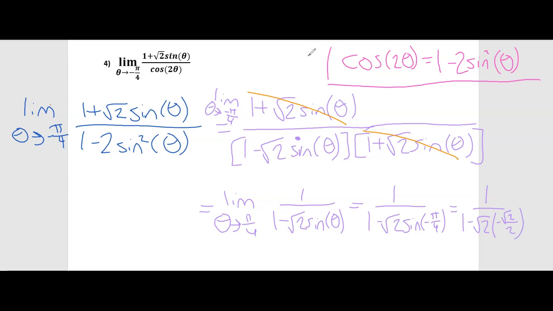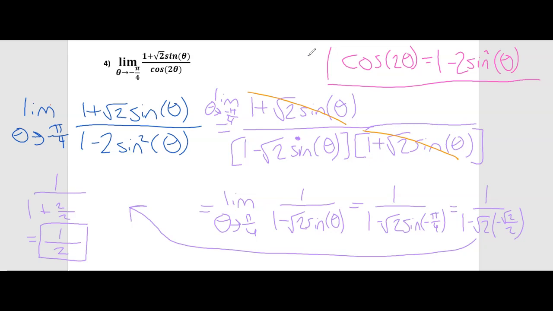And let's see, I'm going to come over here because I'm running out of space. And I'm going to get 1 over 1 plus 2 over 2, which is equal to 1 over 2. So our limit here is 1/2.